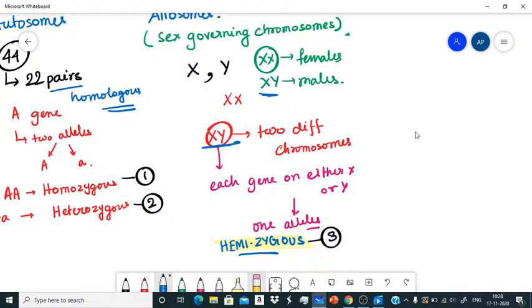We have already learned that females have allosomes XX and males have allosomes XY. That means we can say that the X chromosome is present in both male and female, but the Y chromosome is only in male.